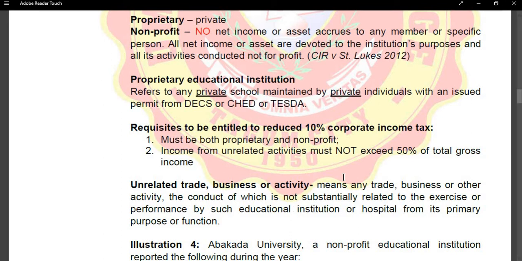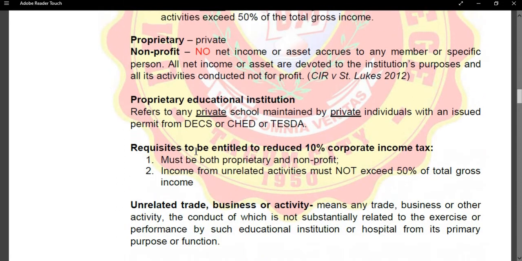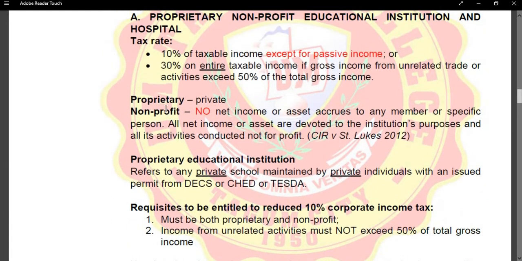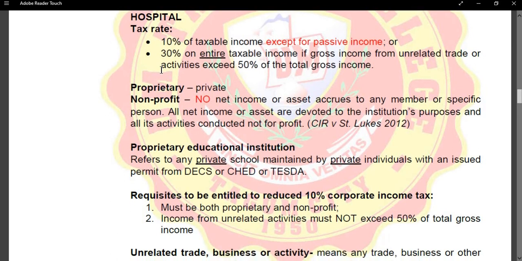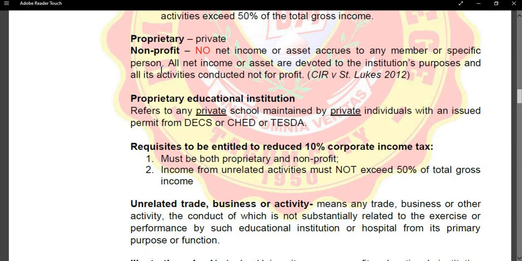Because if the income from those extra building spaces that it rented out exceeds 50% of the total gross income of the educational institution, then it will no longer qualify for the 10% reduced income tax. Okay? The entire income in such a case will be subjected to a 30% regular corporate income tax.